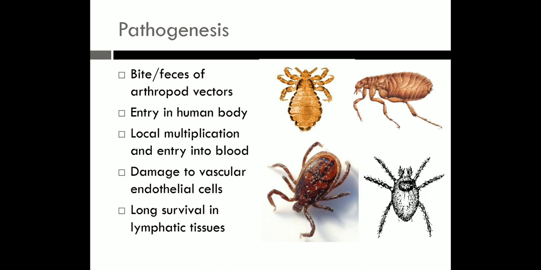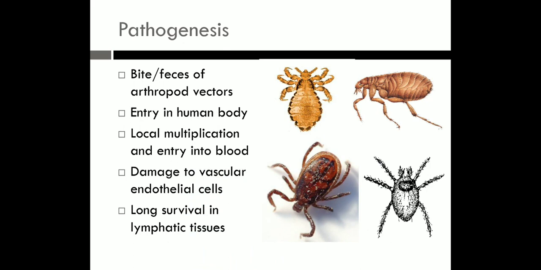So let us look at the pathogenesis of the rickettsial organism in a nutshell. What you need to remember is that all the rickettsial organisms are transmitted by arthropod vectors. These arthropod vectors are ticks, mites, louse, and flea.